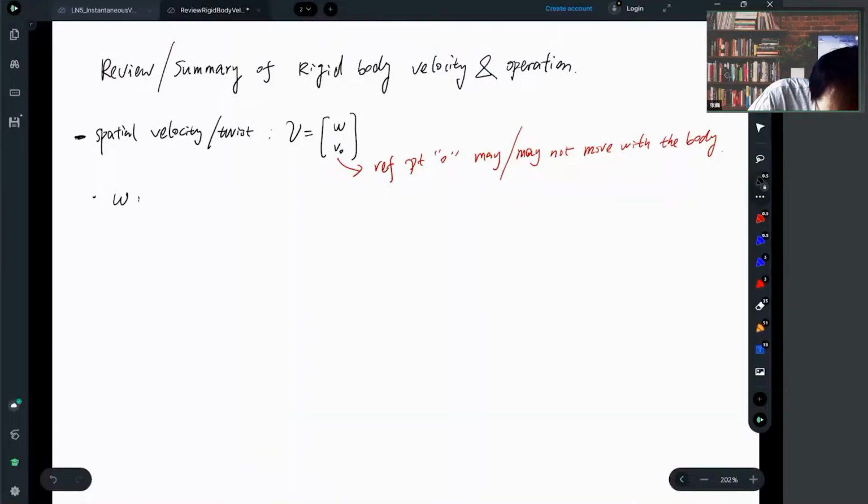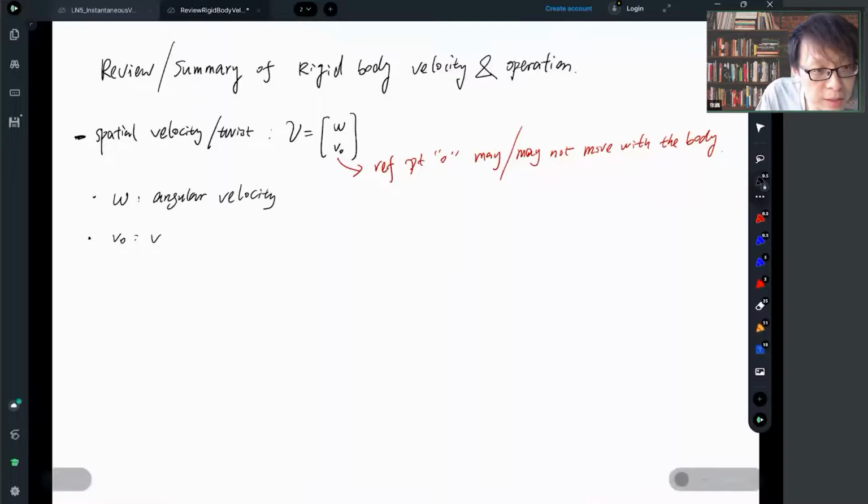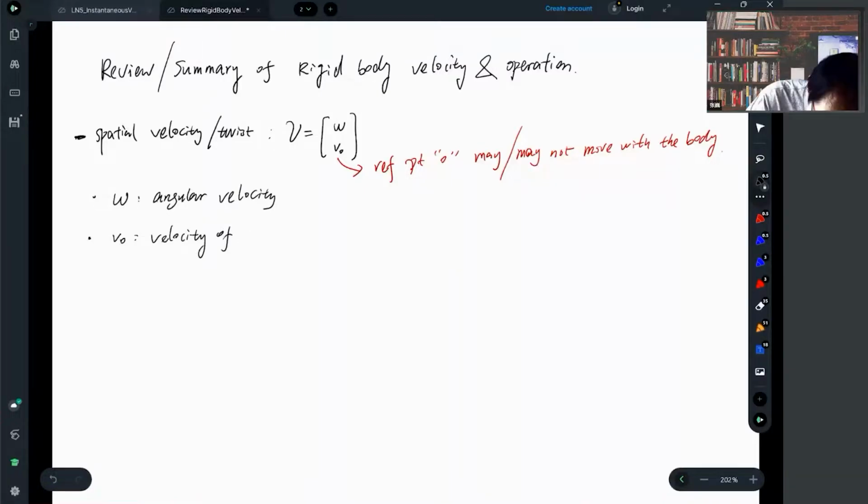So here is the angular velocity of the body, and V of O is the velocity in the body-fixed sense. You have to memorize this.